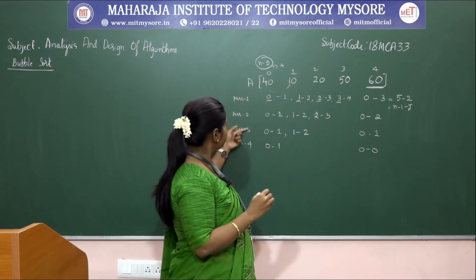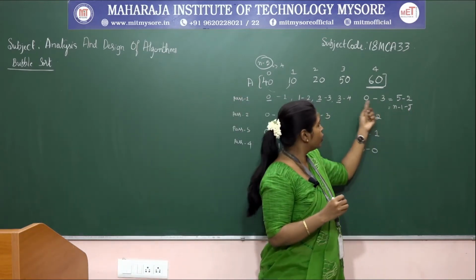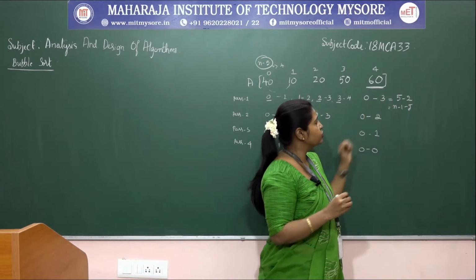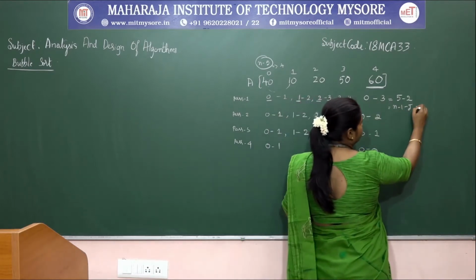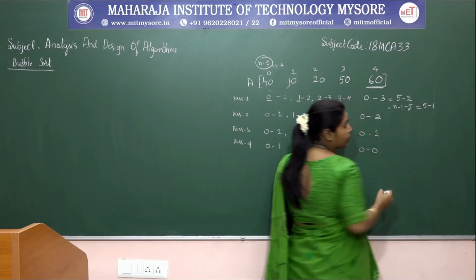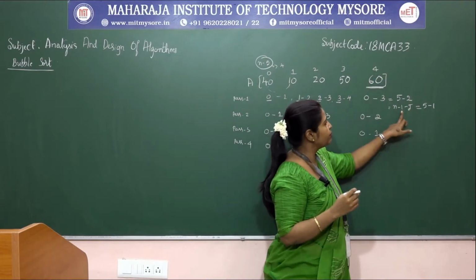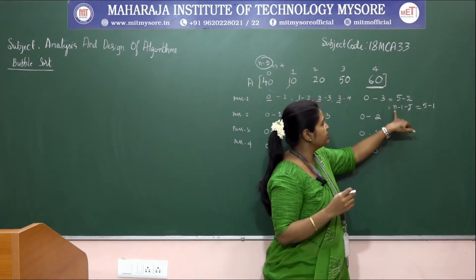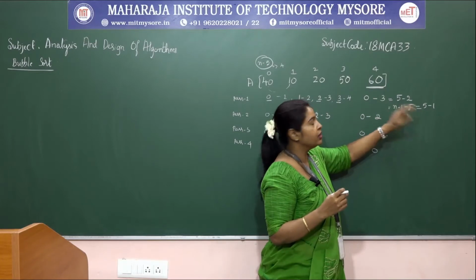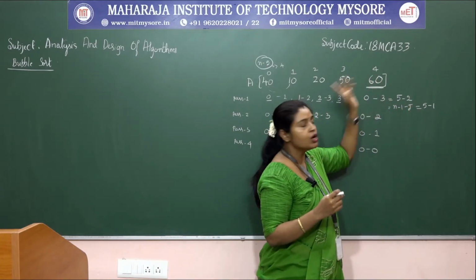So based on the number of passes I am going to subtract this value. 0 to 3: how can I obtain it? n is 5, 5 minus 1 is 4, which is the fourth position.